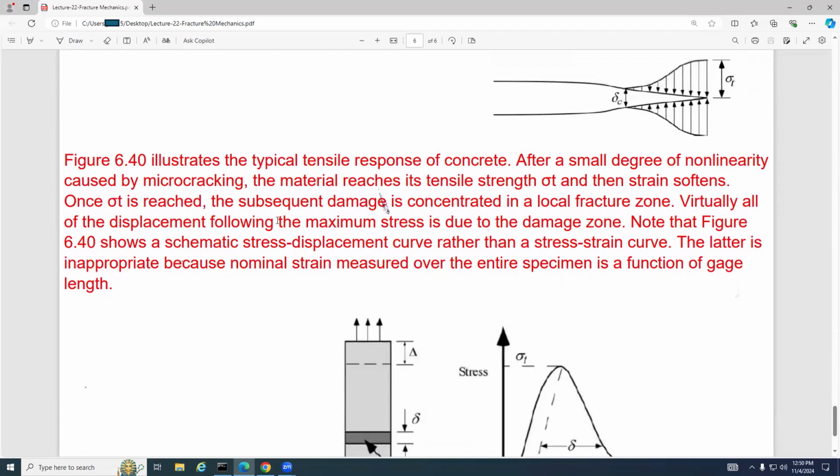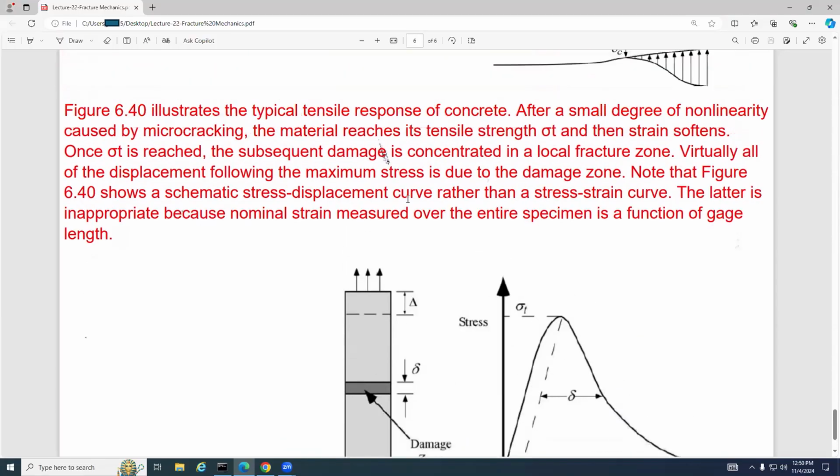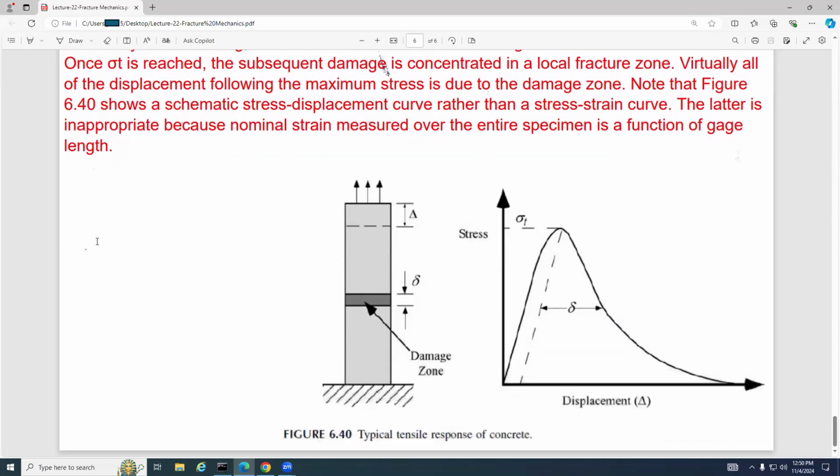Once sigma t is reached, the subsequent damage is concentrated in a local fracture zone. Virtually all of the displacement following the maximum stress is due to the damage zone. Note that the figure shows a schematic stress-displacement curve rather than a stress-strain curve. This is a displacement-stress curve. A stress-strain curve is inappropriate because nominal strain measured over the entire specimen is a function of gauge length.